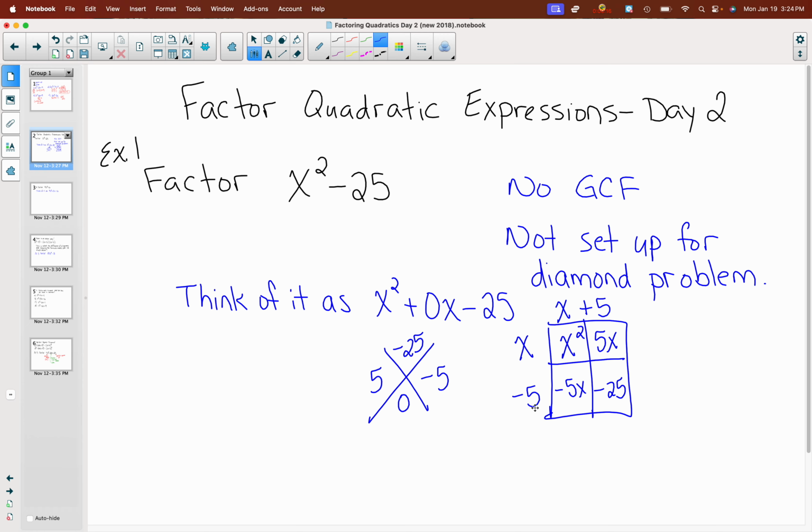This would have to be a -5. So my answer I get when I factor this is x plus 5 times x minus 5. Now, notice if I had skipped the box, I'd have been okay. Because the coefficient of the quadratic term is a 1, I could skip that and just use the 5 and the -5 when I factor that.